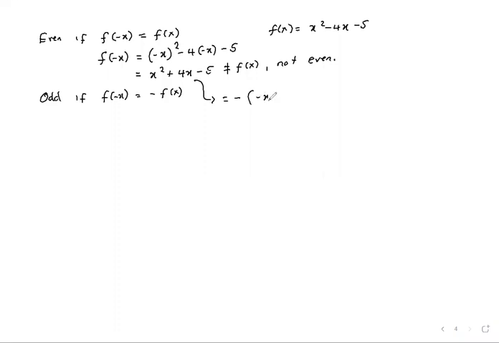We have negative, x squared minus 4x plus 5. Purely not negative f of x. So what does it mean? This f is neither even nor odd.